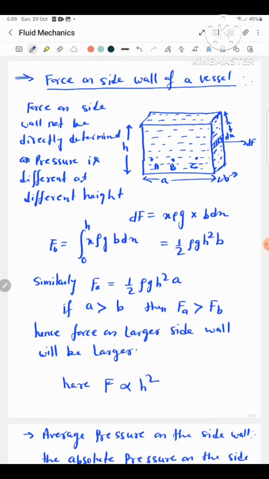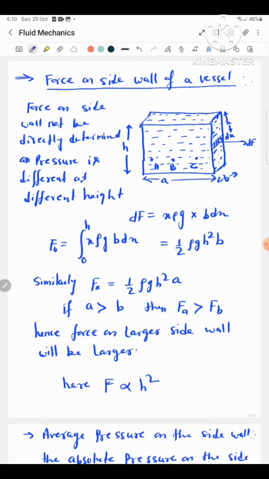So the area of this strip will be width b into height dx, b into dx, and the pressure at this level x will be x rho g.